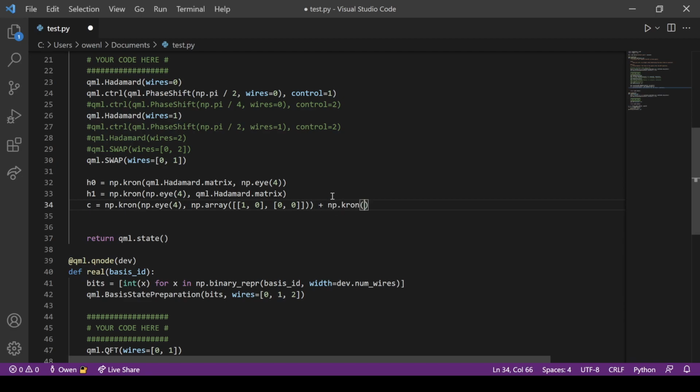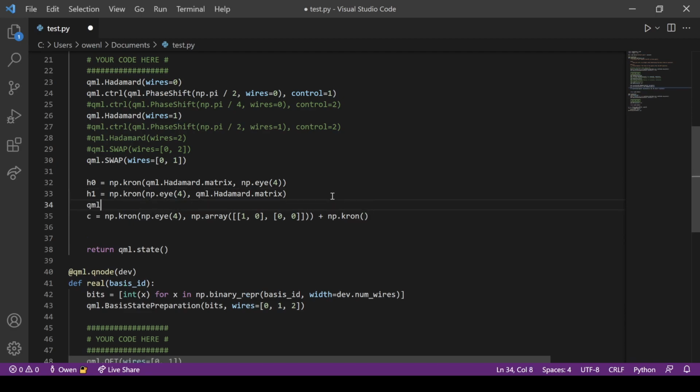So now we have our, let me see if I can just do the phase shift matrix.